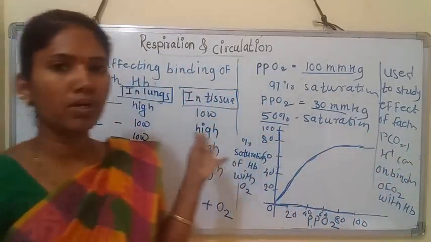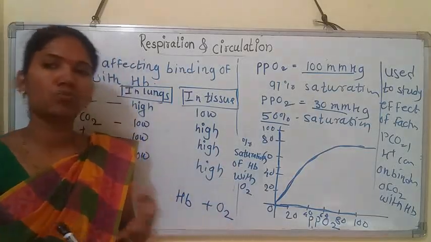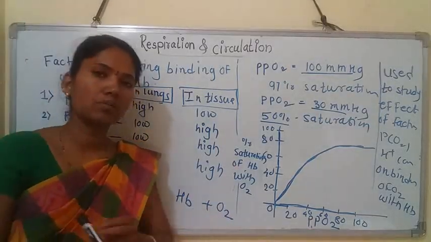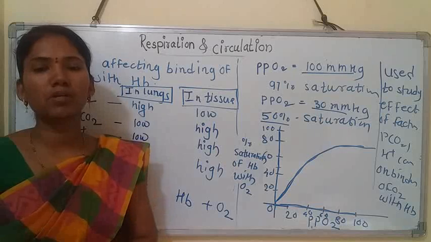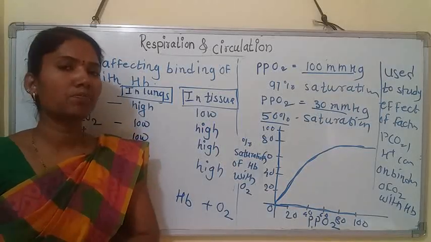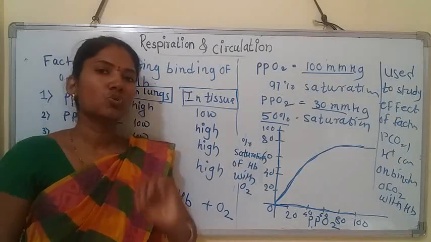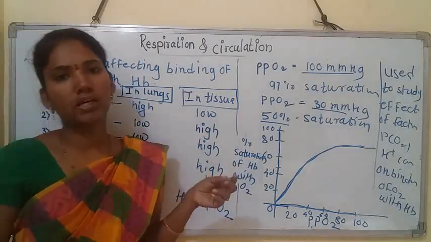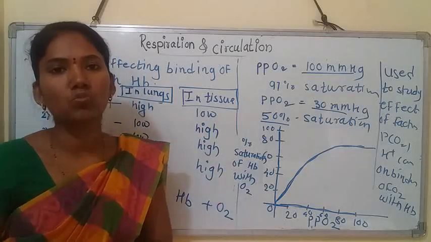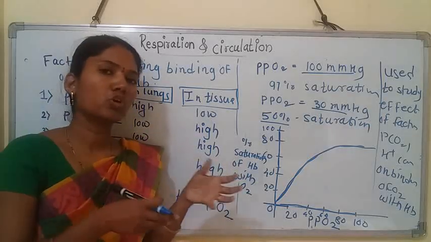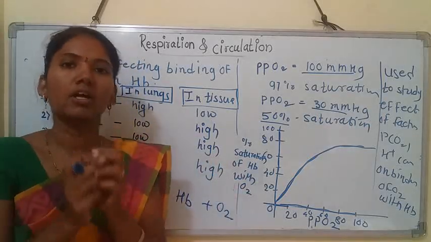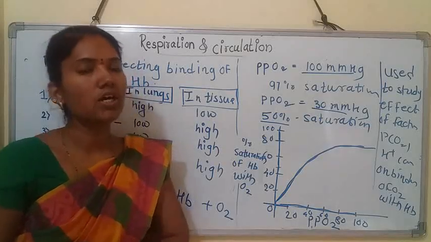In binding with hemoglobin, we learned hemoglobin is a respiratory pigment present within the RBC. It contains 4 polypeptide chains. It contains 4 Fe++, and 1 Fe++ binds with 1 oxygen molecule. So in this way one hemoglobin can carry 4 oxygen molecules. Now when hemoglobin and oxygen bind, that complex is called oxyhemoglobin.